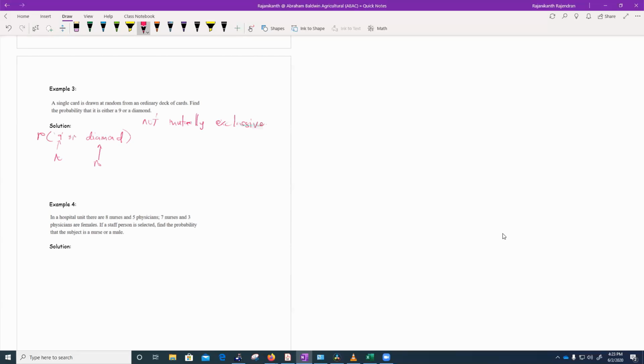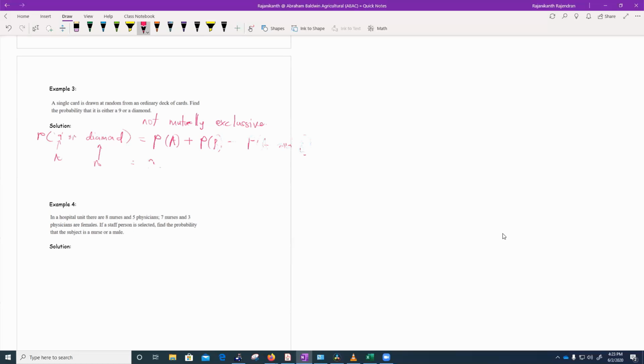Rule number 2 formula says that the probability of A or B is the probability of event A plus the probability of event B, and subtract the overlap region between A and B. In other words, if you want, I could explain in words.